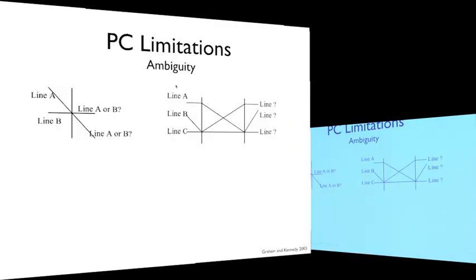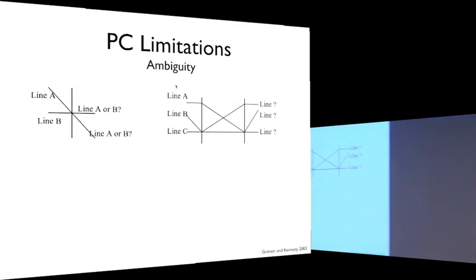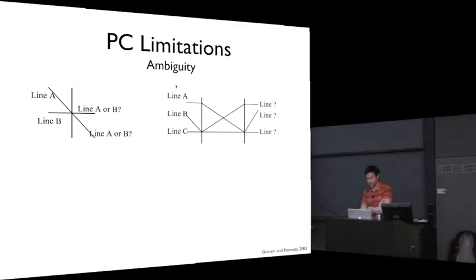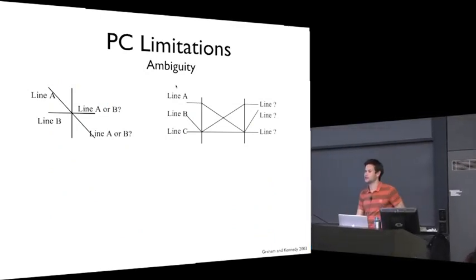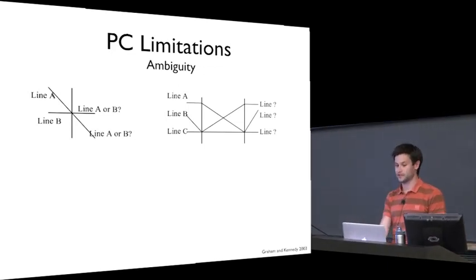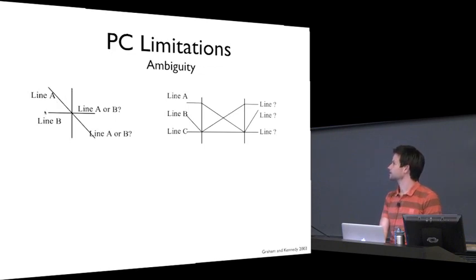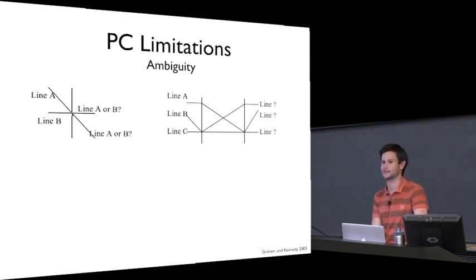Okay, another limitation. So you see it's powerful, but you have some limitations that you need to be aware of. Another limitation is ambiguity. So let's say this is the axis, and you have two lines, so two items, line A and line B. And now you need to tell if line B is going in this direction or in that direction, because they share the same point on the axis.